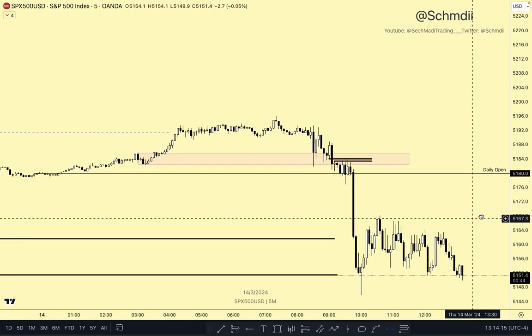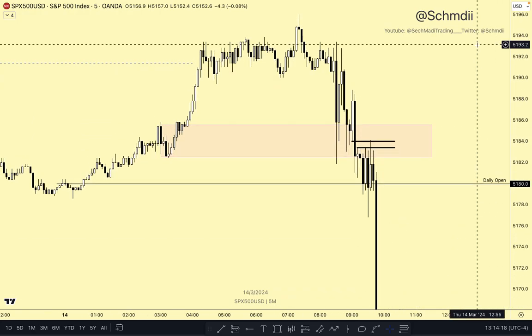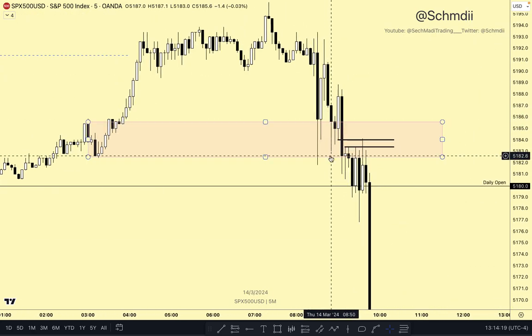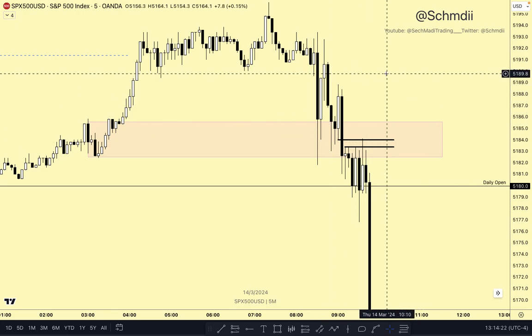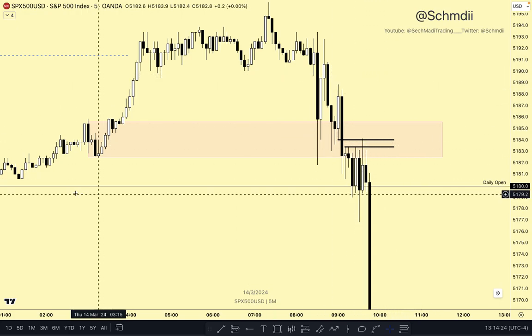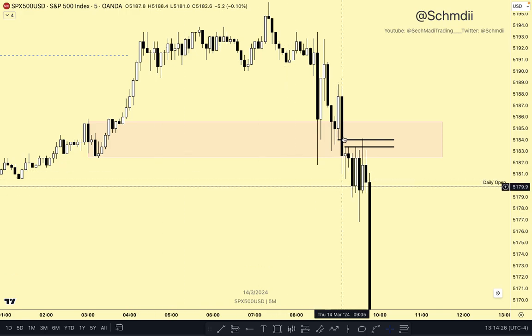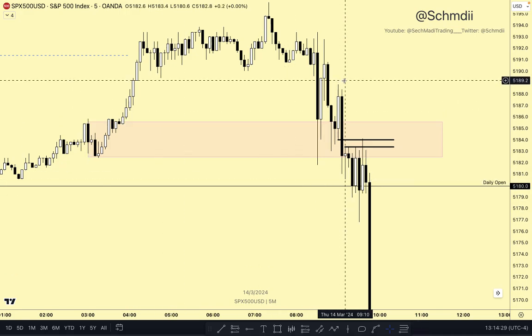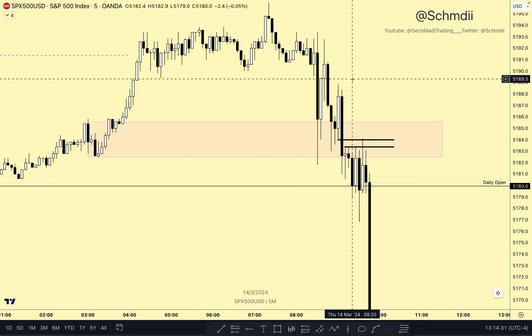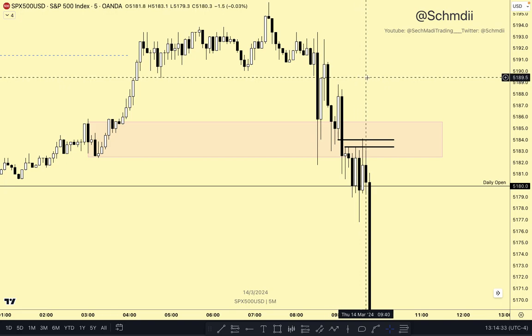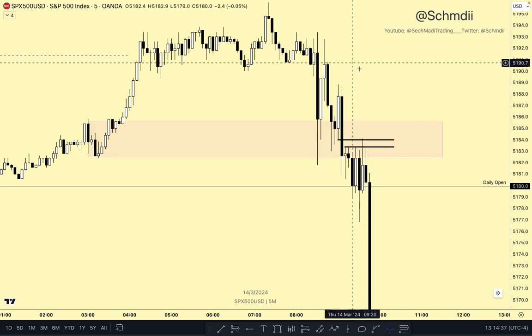But then, without getting too distracted, we're looking back at this. If we were entering via the order block there, on this time frame, we'd have 1, 2, 3, 4, 5, 6, 7 opportunities to enter when price trades up into it.